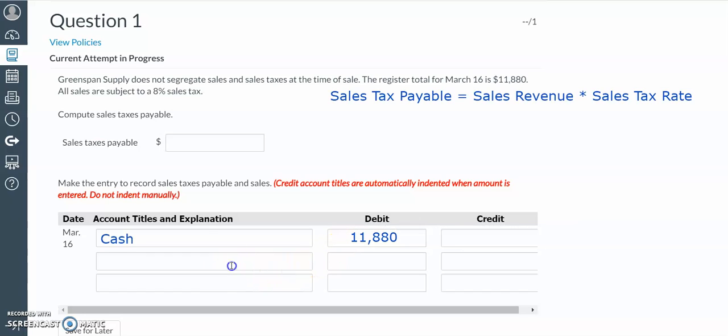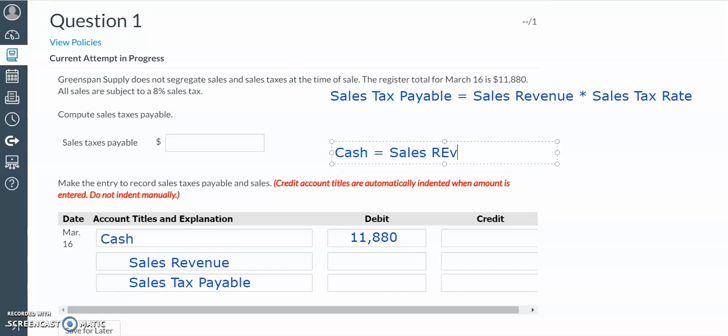And now we need to segregate that amount between the sales revenue and the sales tax payable. So that means that the cash amount is equal to the sales revenue plus the sales tax payable.